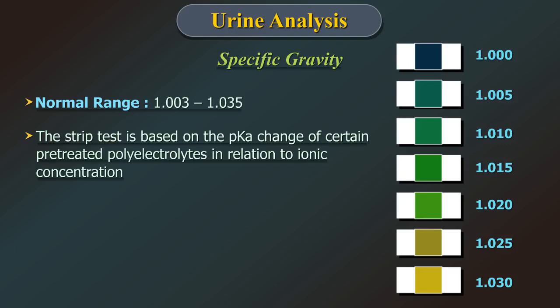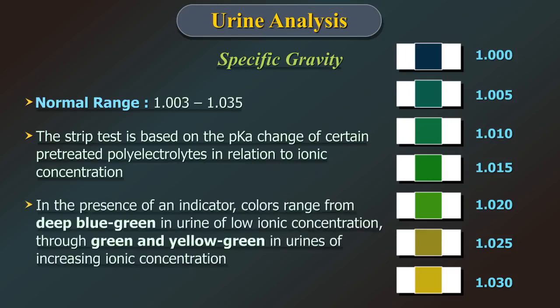of certain pre-treated polyelectrolytes in relation to the ionic concentration. In the presence of an indicator, colors range from deep blue-green in urine of low ionic concentration through green and yellow-green in urines of increasing ionic concentration.